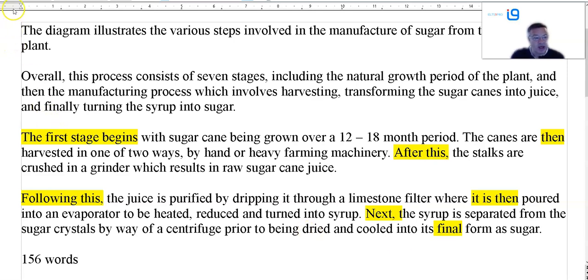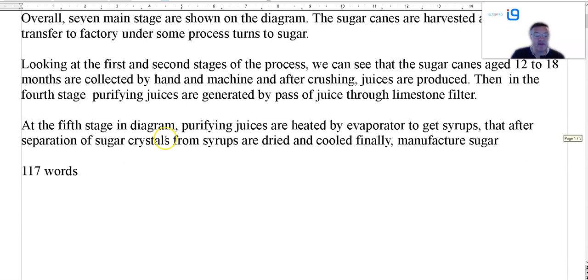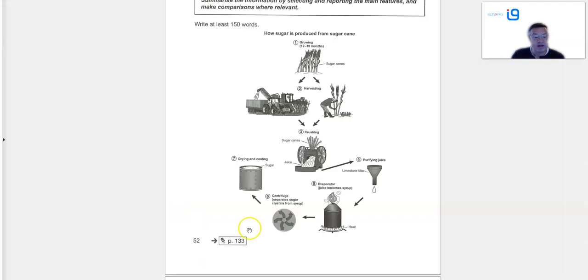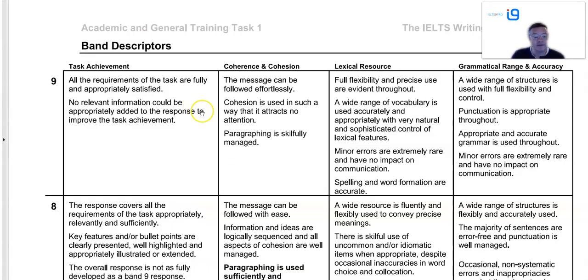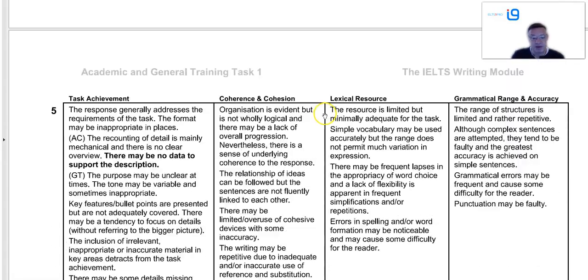So let's have a quick look at yours now. Right. So this first one is way short. It's only 117 words, so you would get a penalty there, because it does say if it's under length. What does it say about under length?